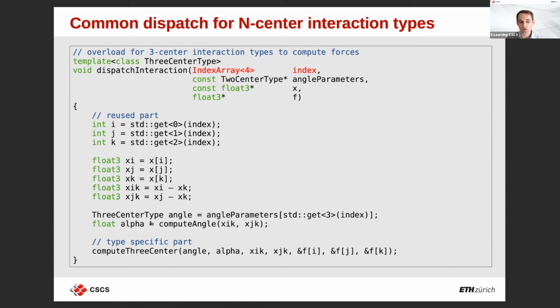And also for all angles, regardless of the functional format, I actually have to compute the actual angle between the three atoms. And then for the type specific part, that tells me whether the force depends linearly on the deviation of the angle from the equilibrium value, I can again use an overload to select between the different options.